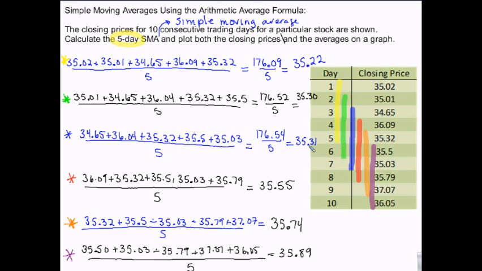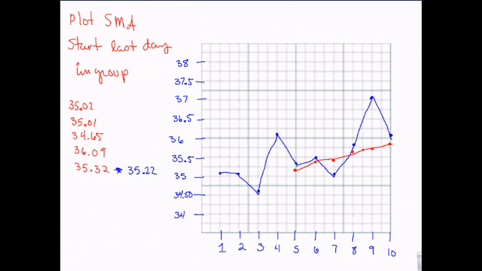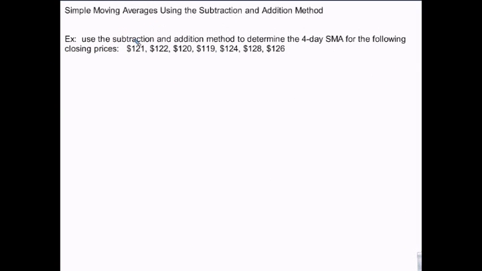You can use this method or the next method I show you. It doesn't matter to me which one you use; use the one that makes the most sense. There's the subtraction addition method, where you calculate the first group.